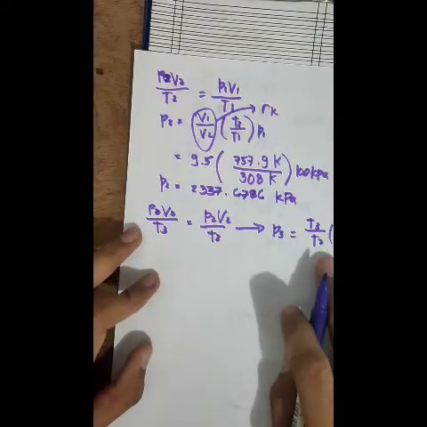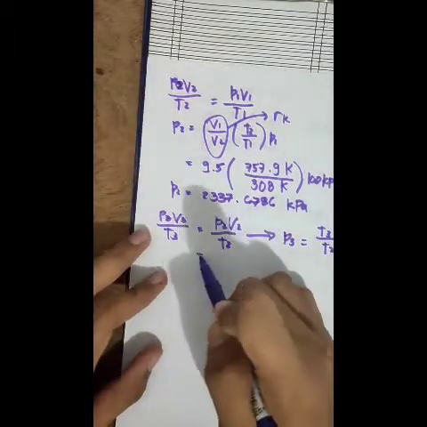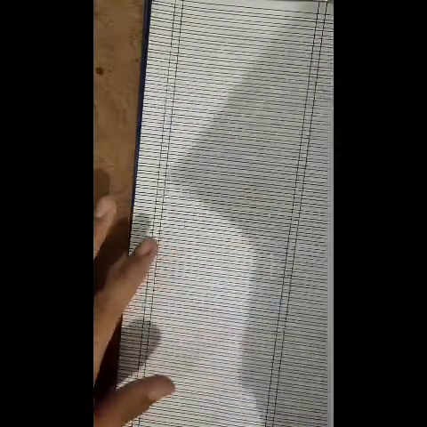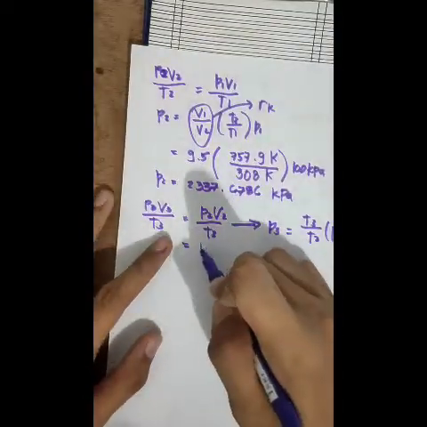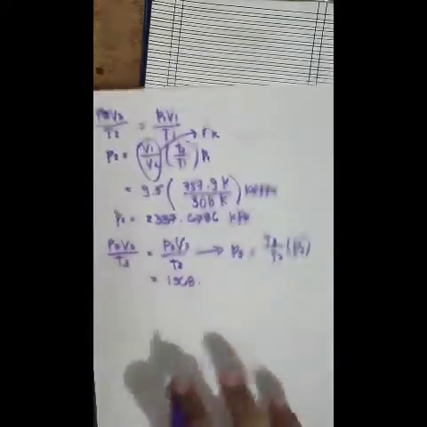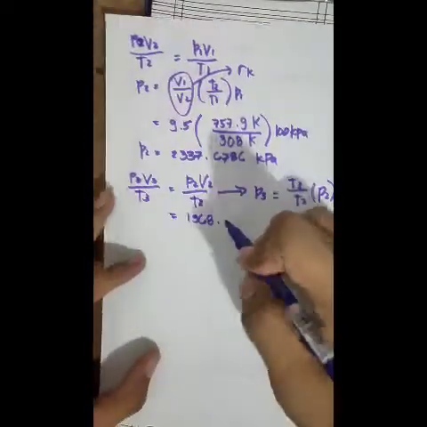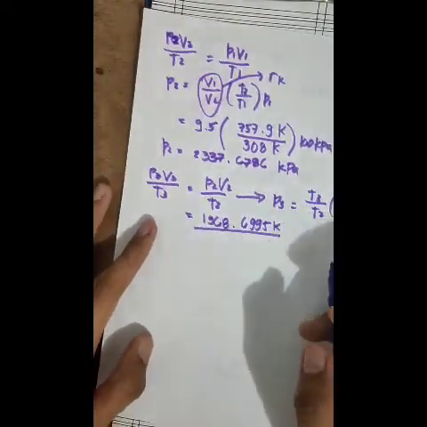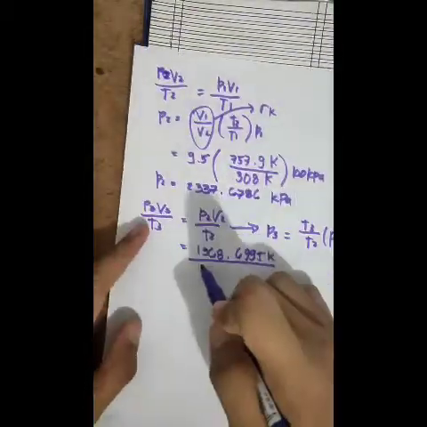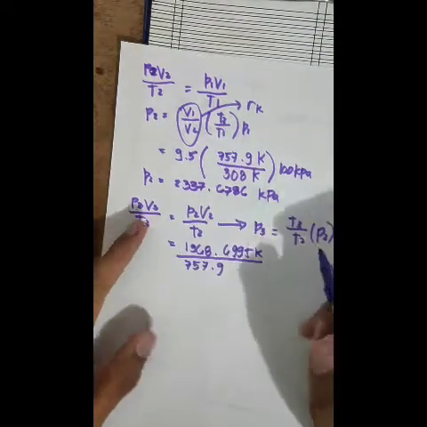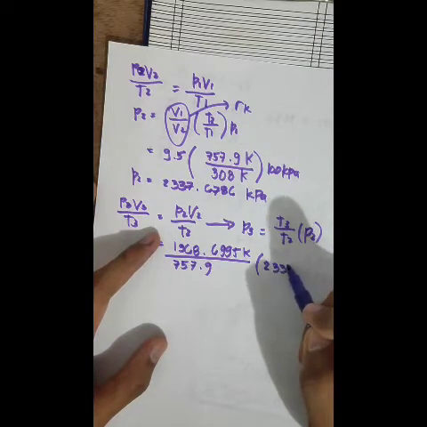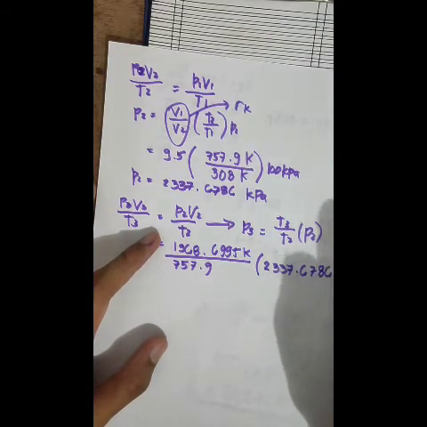So we can substitute all the data here, which is T3 equal to 1968.6995 Kelvin over T2, which is equal to 757.9, multiplied by pressure 2, which is equal to 2,337.6786 kilopascal.